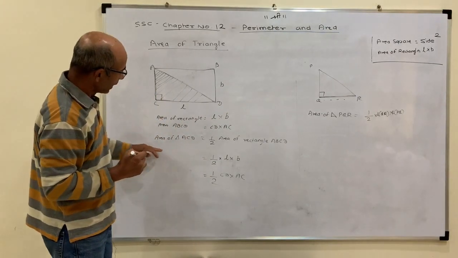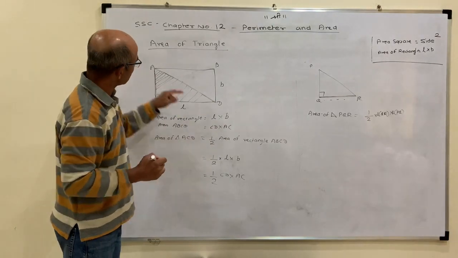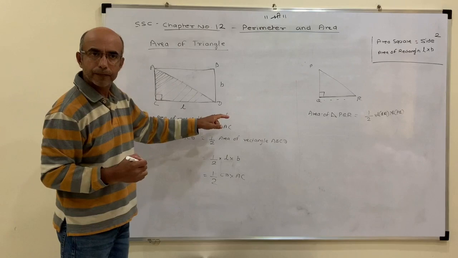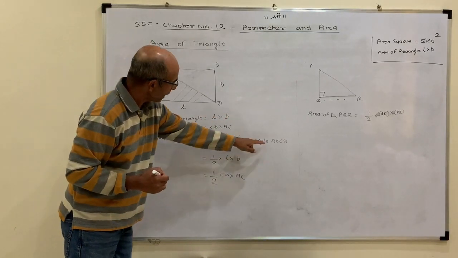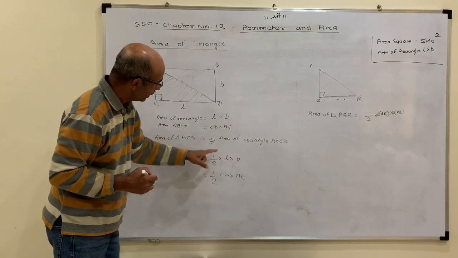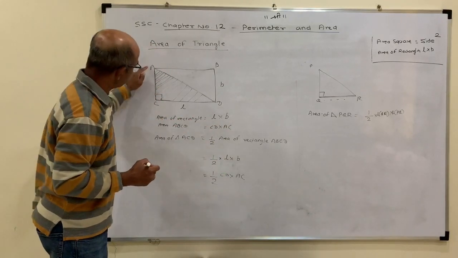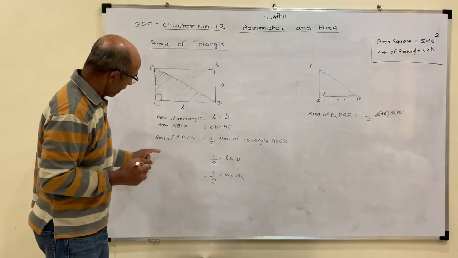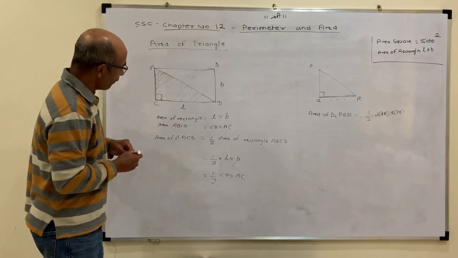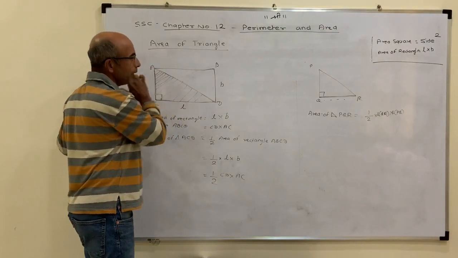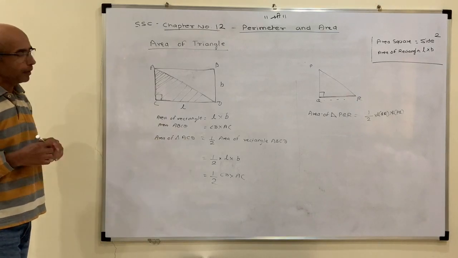So area of triangle ACD is half of the area of rectangle ABCD. Length is CD and breadth is AC. So my area of ACD equals half of CD into AC. I found this with the help of rectangle.